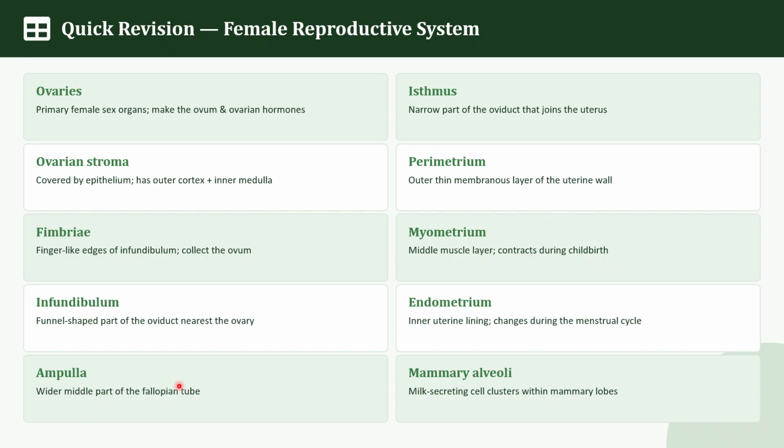Ampulla is the common site of fertilization. Isthmus connects the oviducts to the uterus. Perimetrium is the outer protective layer of the uterus. Myometrium is the muscular layer responsible for labor contractions. Endometrium is the site of implantation and menstrual changes. And mammary alveoli produce and store milk.